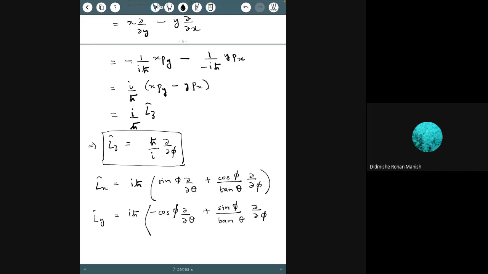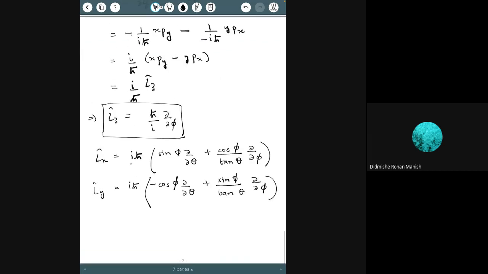Let me just check this one. So iħ sin φ ∂/∂θ plus cos φ tan θ ∂/∂φ. Okay. Minus cos φ ∂/∂θ plus sin φ tan θ ∂/∂φ. Fine. And from these three, the L square operator can also be evaluated.